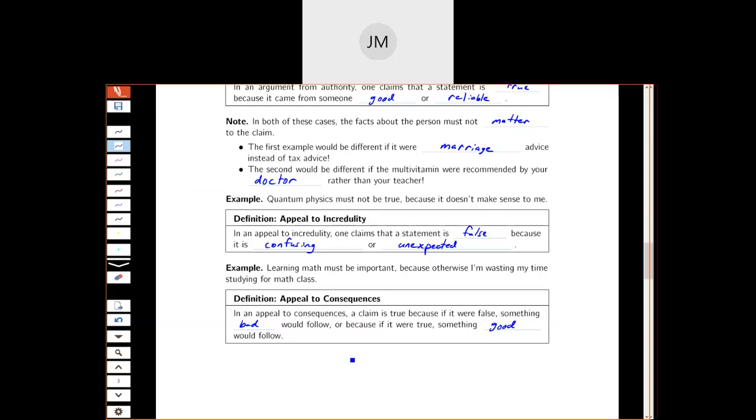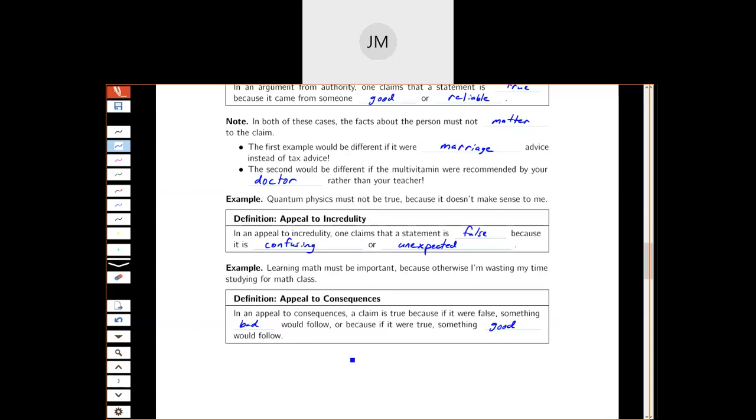Okay, so what you're looking at there is you're saying, I'm claiming this thing is either true or false because of what it might lead to. And that's not necessarily a good thing either.